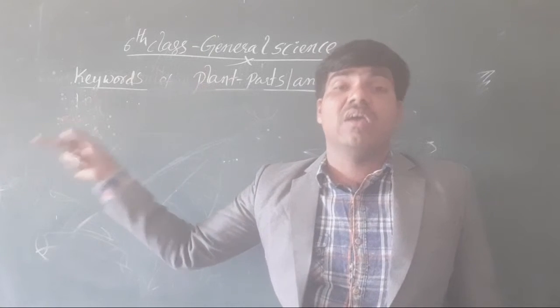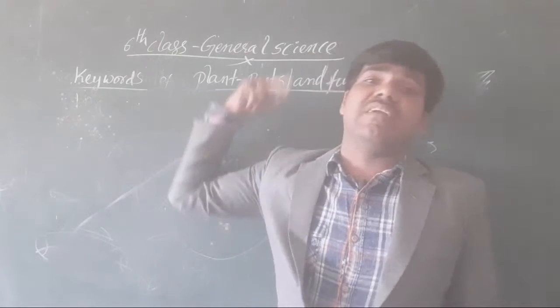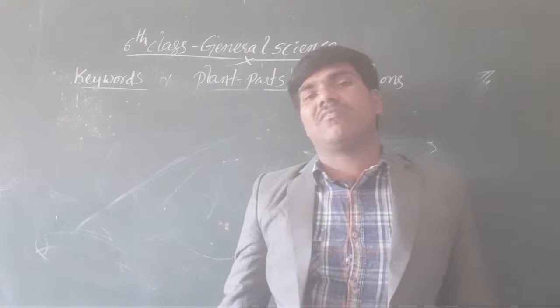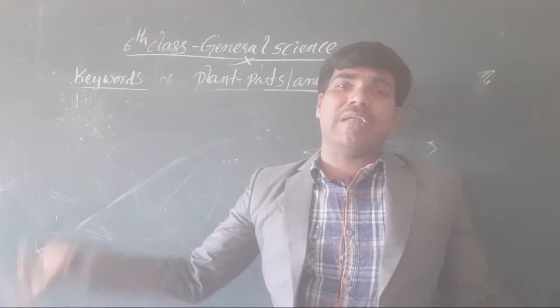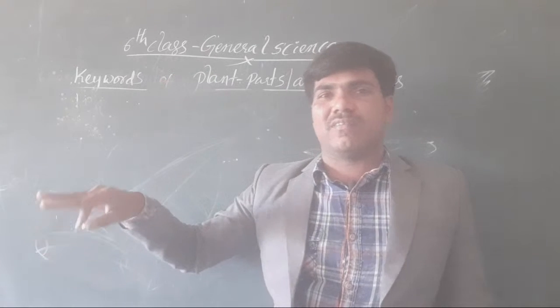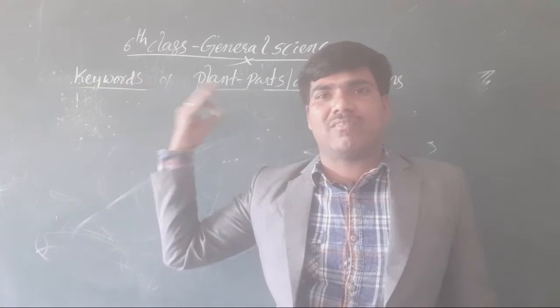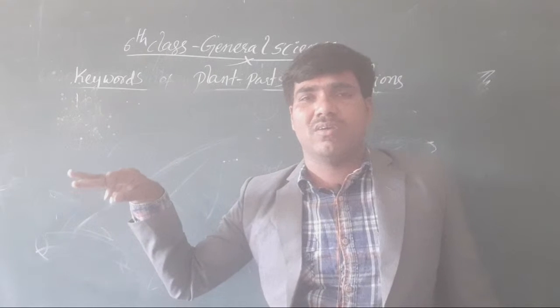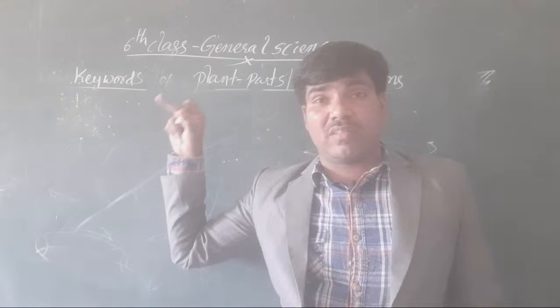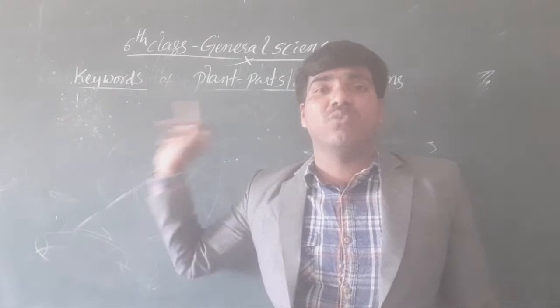Why? Because plants take in carbon dioxide and produce oxygen gas for us. If plants are not there, the amount of carbon dioxide increases and oxygen decreases. You know very well what effect carbon dioxide has on us. That's why plants are important for our bright future.